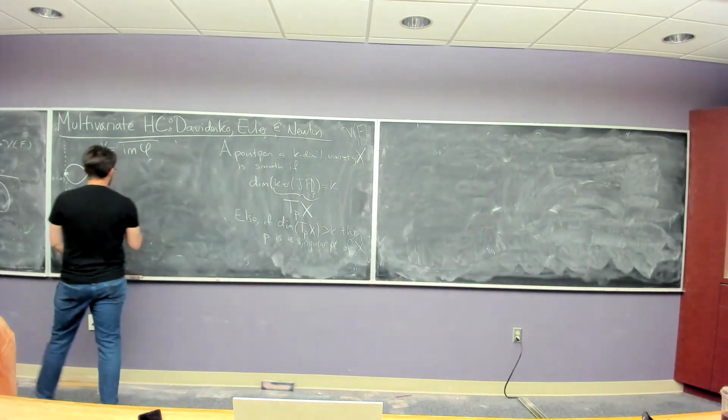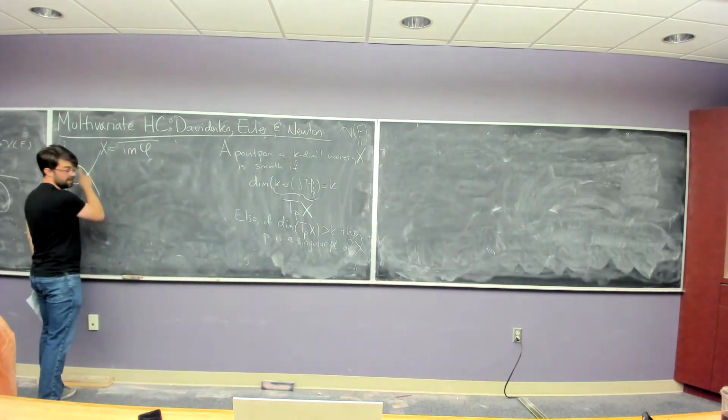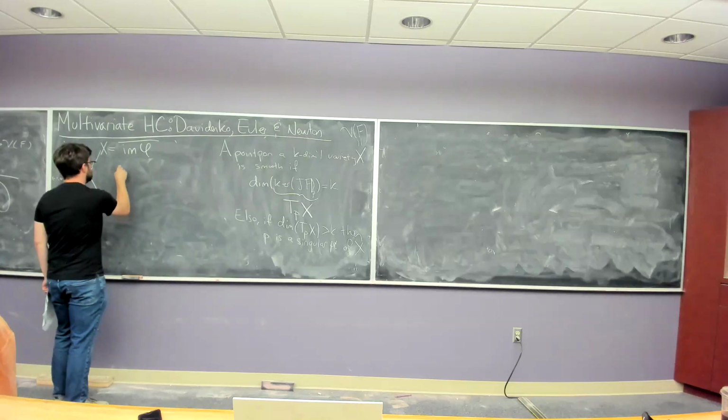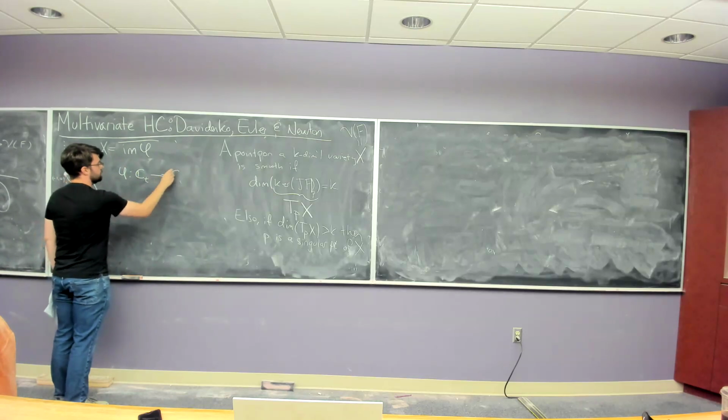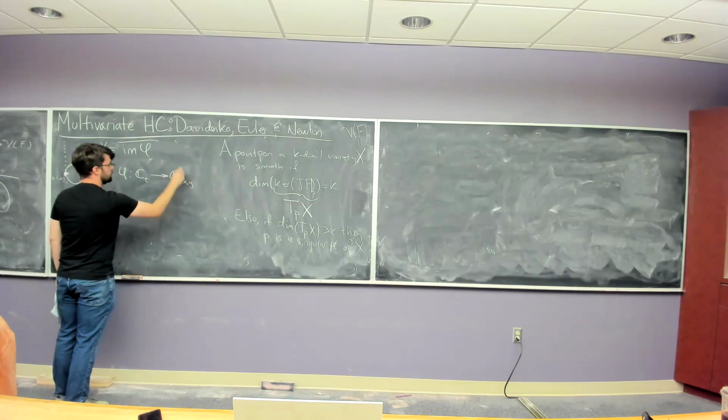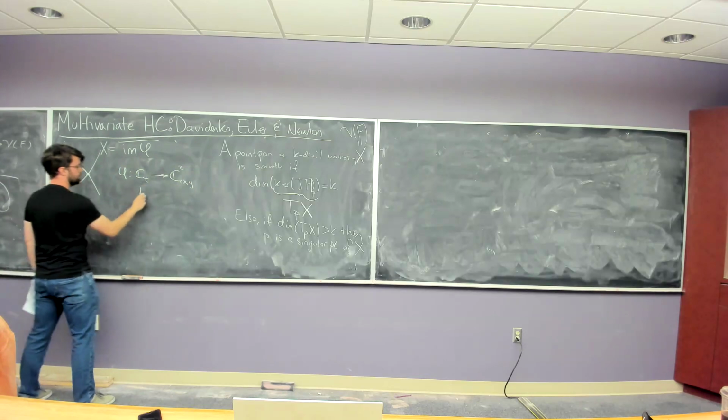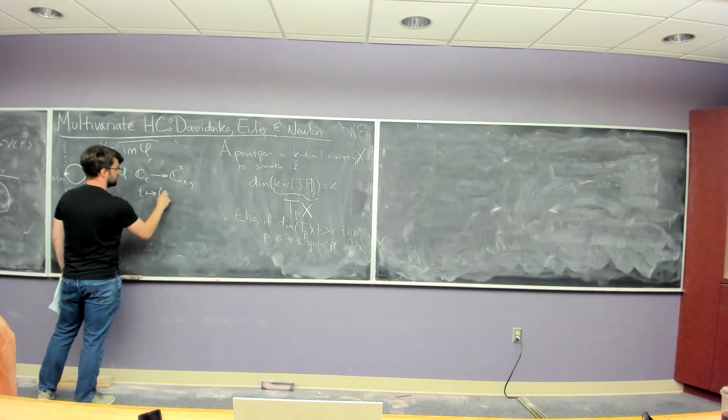So not every variety can be described this way, but some can, and in particular, this one can. So P is going to go from here to here, and t will go to t squared minus 1, t cubed minus t.